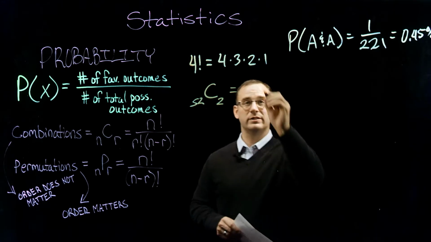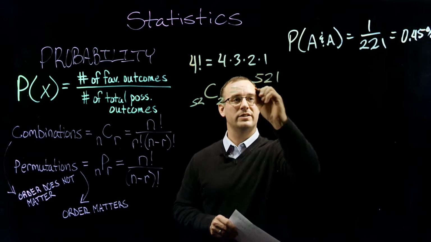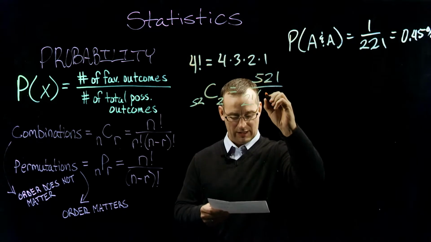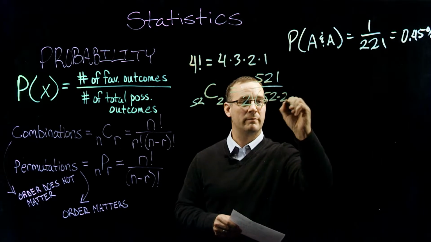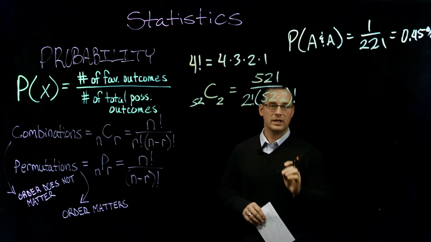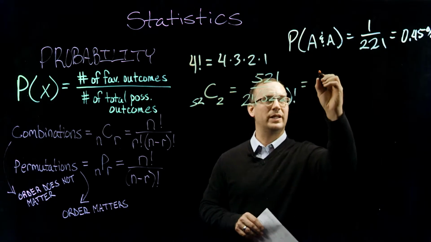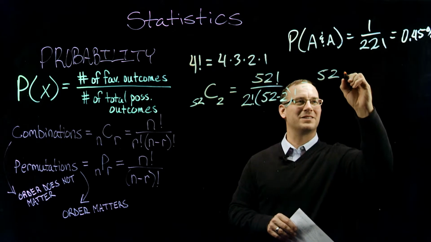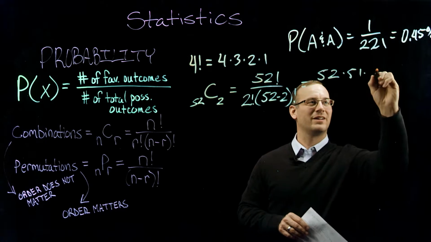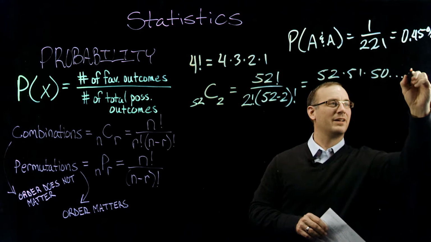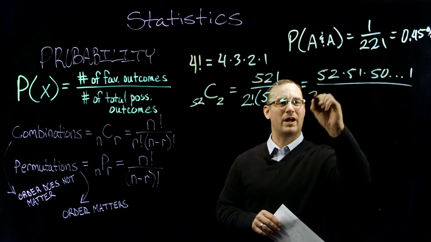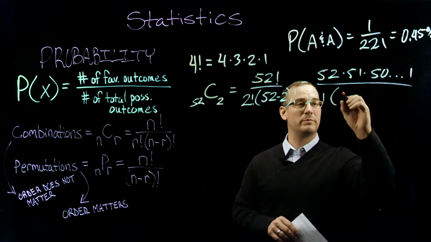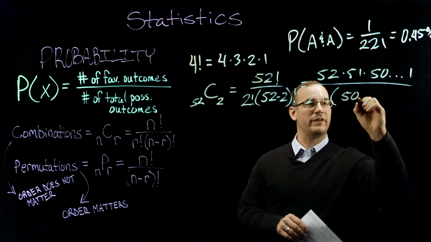So we've got 52 factorial over 2 factorial times 52 minus 2 factorial. We're not going to write this all out. We've got 2 times 1 times, with 52 minus 2 being 50, our 50 factorial.